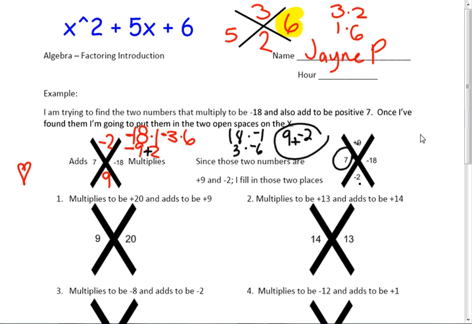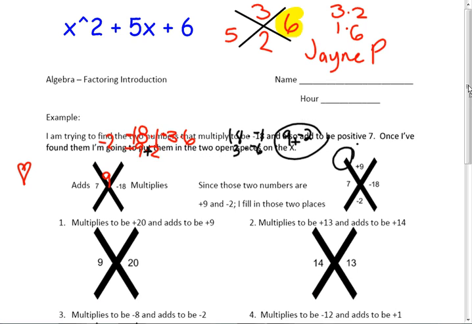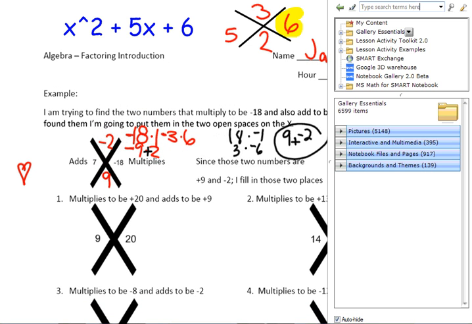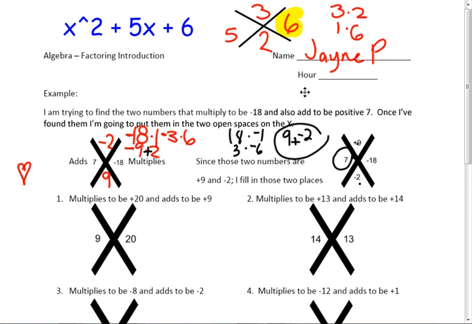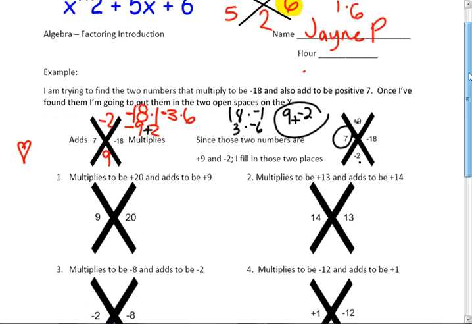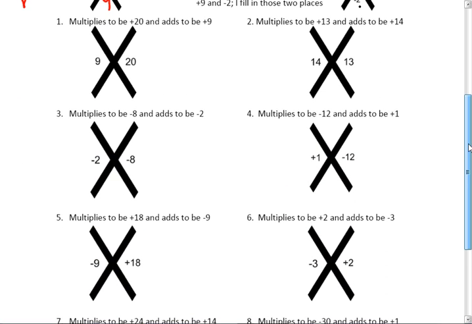So let's have you guys do number 1 because it's easier. Now write down the numbers that multiply to give you positive 20. Good.